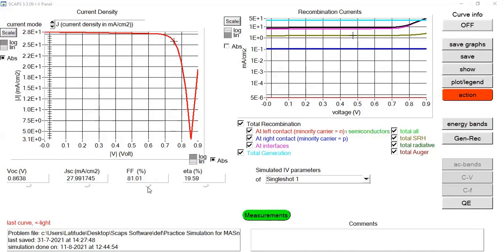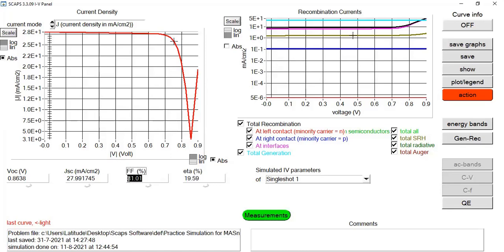My fill factor value is about 81.01. This fill factor value is still comparable with lab session, and I have already uploaded about the fill factor effect and the variation of the thickness on the fill factor value in my previous video tutorials, and you can also watch my lectures on how thickness can control the fill factor value.